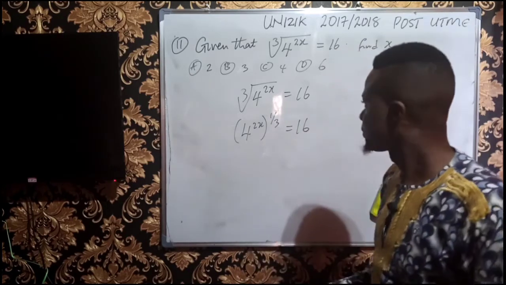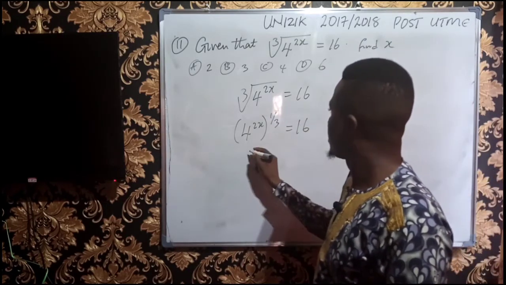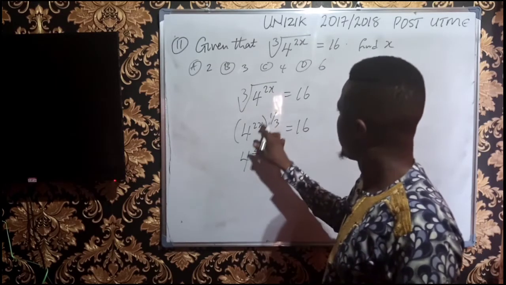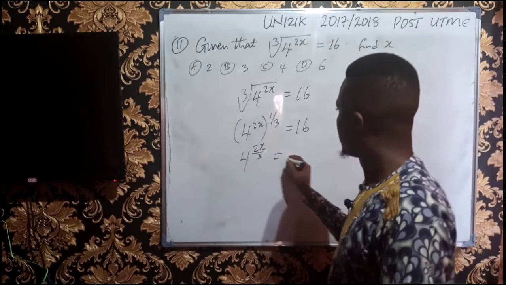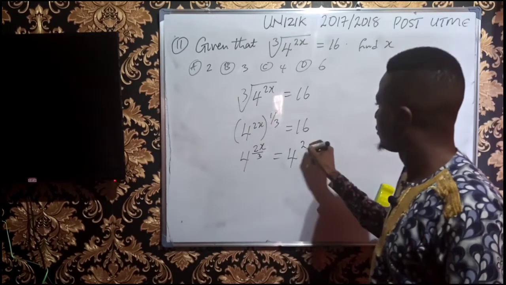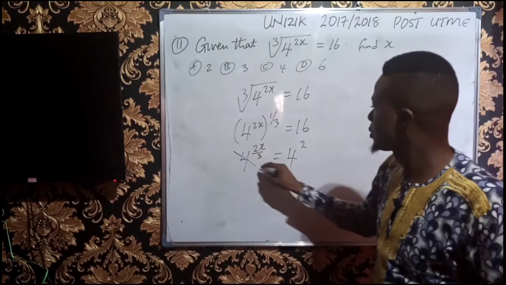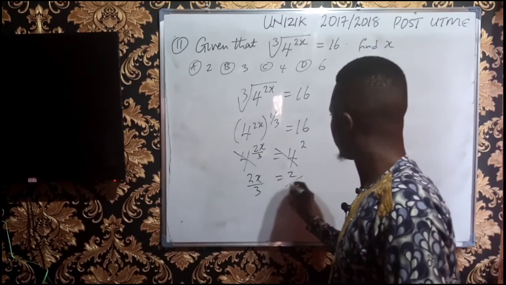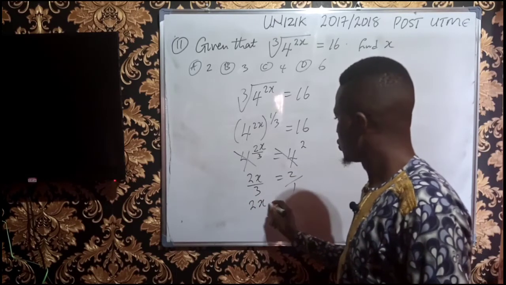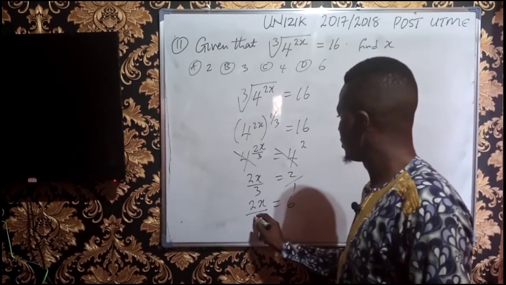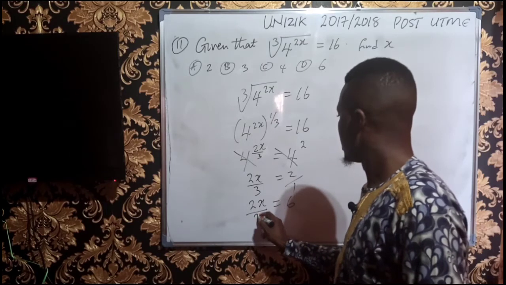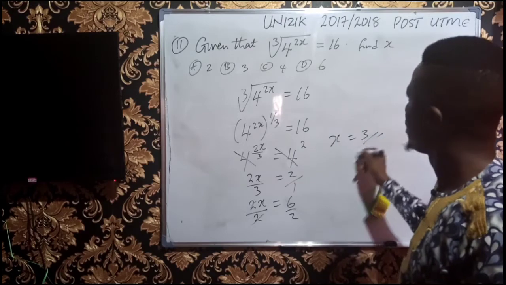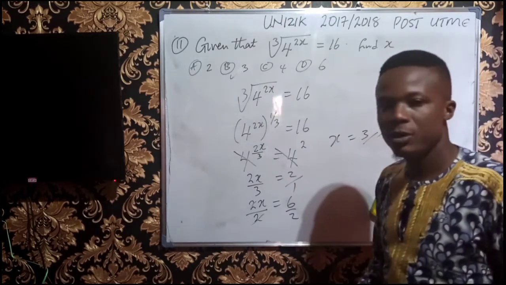I can write this as 4 power of 2x over 3, because 2x times 1 is 2x all over 3. 16 can be written as 4 power of 2. You cancel out the bases. Therefore, 2x all over 3 is equal to 2 over 1. Cross multiply: 2x is 6. To get the value of x, you divide both sides by 2, and x is just 3. So it is option B for number 11.